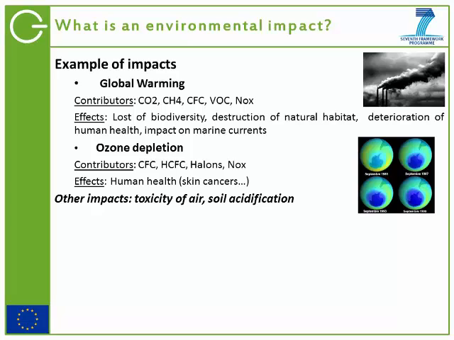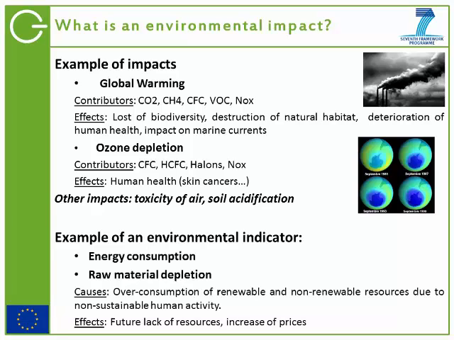But in environmental assessment, we not only consider environmental impacts but also environmental indicators. We use indicators mainly to represent the consumption of resources. Raw material depletion and energy consumption are not environmental impacts per se, but they are related to extraction of natural resources for the realization of human activities, and will have negative consequences in the future.